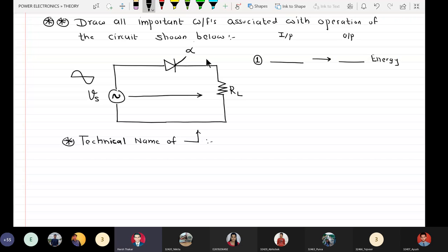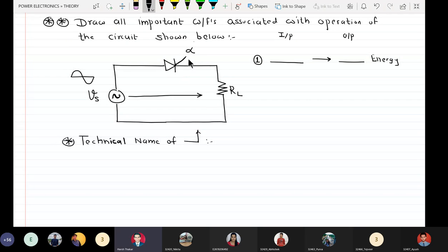You know why? Because as I told you, in this single phase AC supply, the maximum voltage available from the input is 325 volt, and 325 volt is less than the breakover voltage of the SCR. So this single phase supply will not be able to fire the SCR in absence of gate drive.